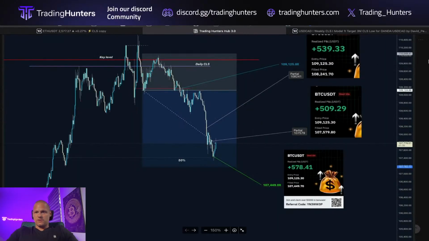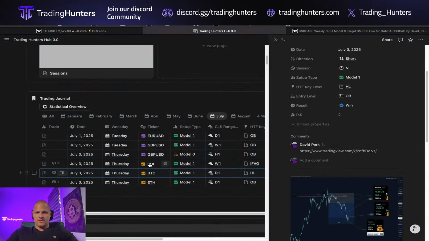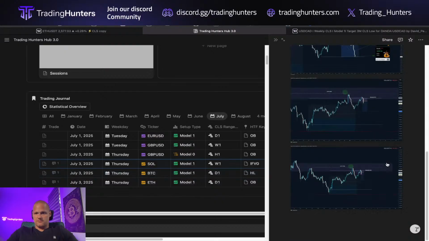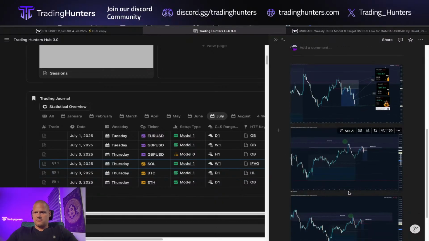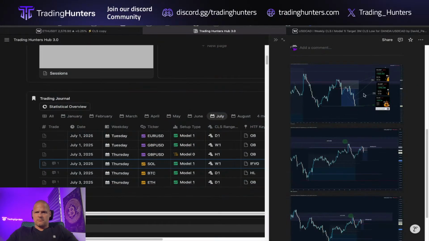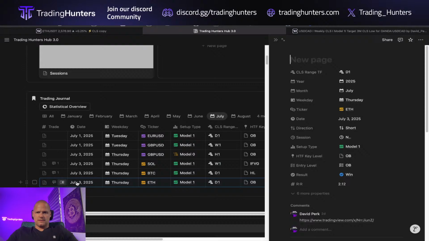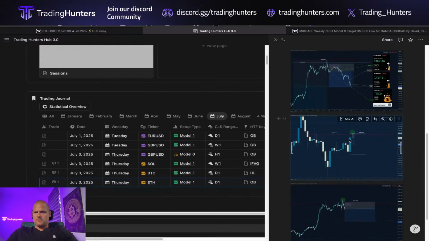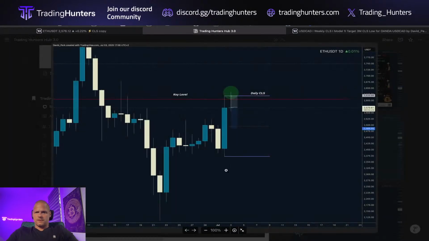So what is important in here, and it was this trade, right? So look. Oh, sorry, now I'm on the Solana here, not Ethereum. So I had this big candle in here, manipulated into a key level, closing inside, and targeting 50%.